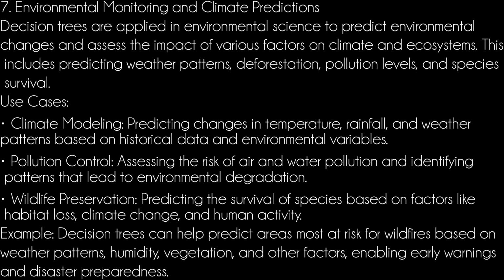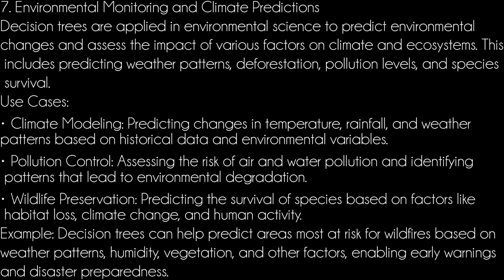Use cases: climate modeling, predicting changes in temperature, rainfall, and weather patterns based on historical data and environmental variables. Pollution control, assessing the risk of air and water pollution and identifying patterns that lead to environmental degradation.